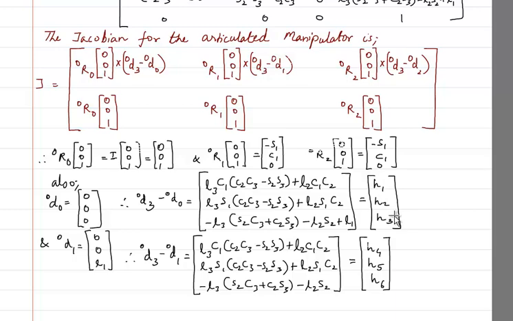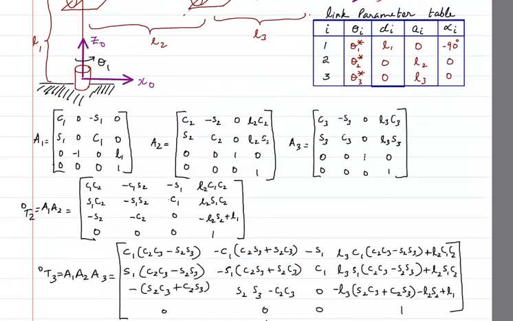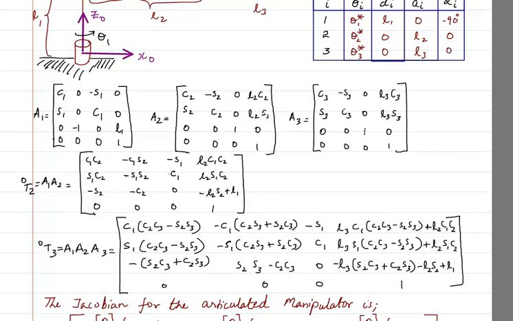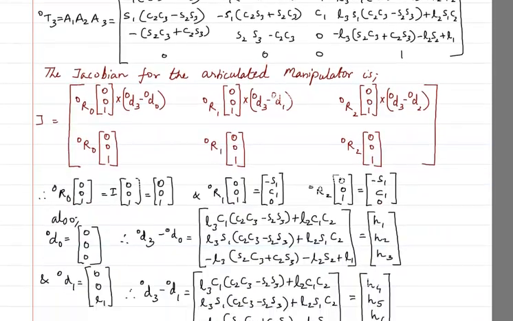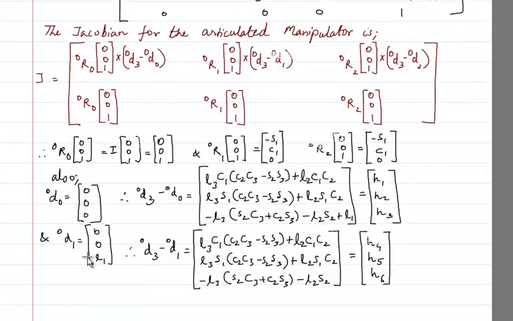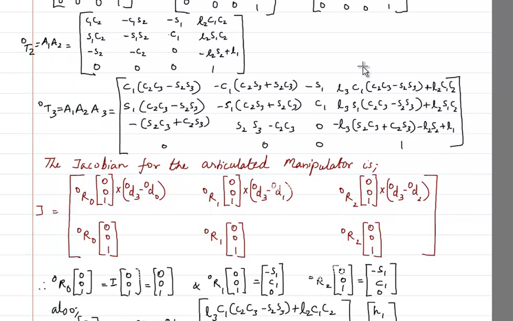Now similarly 0d1: I will get it from 0T1, so 0T1 is this one, and 0d1 is 0l1, so I will straight away take 0l1 and then subtract it from 0d3, if you remember, it is this one.